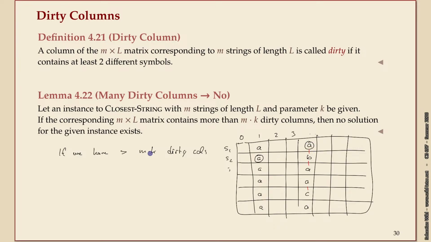And if there are so many dirty columns, even if I try to distribute them among the m strings, by the pigeonhole principle, one string will get at least k plus 1. Right? If I divide this by m, everyone gets a fractional share of strictly more than k. So no matter what characters I pick, one string will have more than k mismatches, k plus 1 or more. S without an index was this consensus string or a candidate for that.